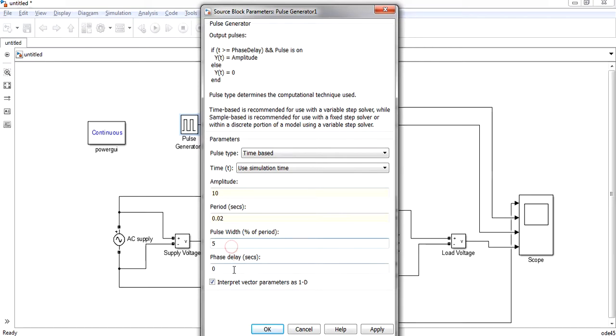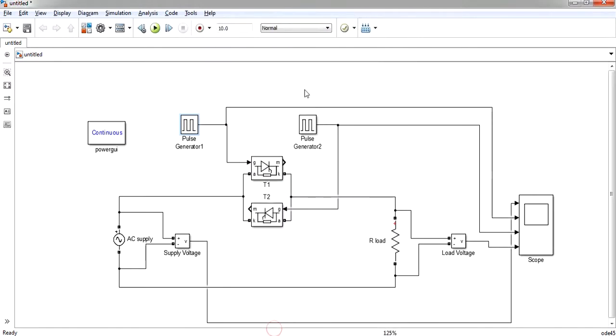Then pulse width, let it keep as 5 only. And what will be your phase delay? Suppose my firing angle is 90 degrees for the first thyristor. So how to calculate phase delay? Alpha, that is your 90, into your period 0.02 divided by 360. So in this way I have given a phase delay of 90 degrees. Click on apply and OK.